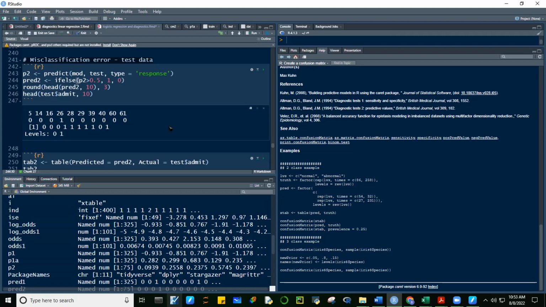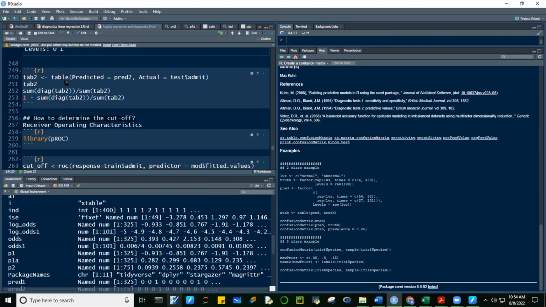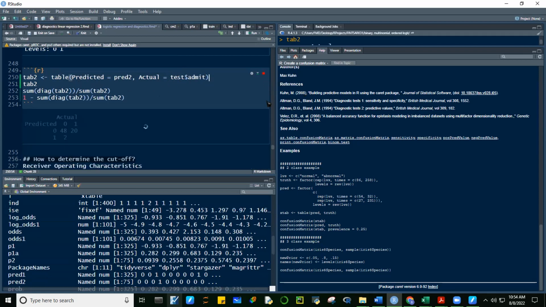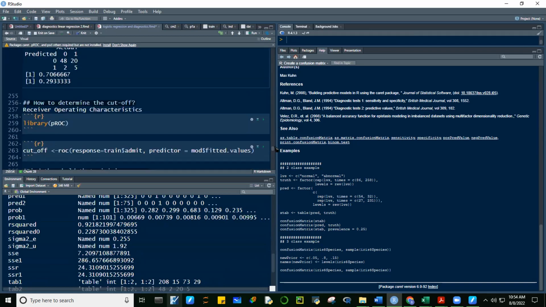Tsaka may mga tama. So once again, we create this tab 2, table. This time we're going to plot predicted at saka yung actual using test. Tab 2 and then here. All right. So take a look.